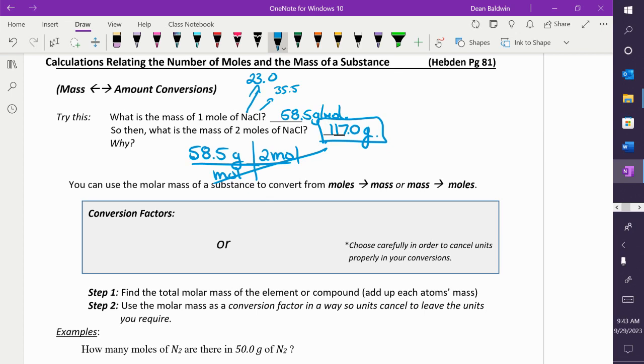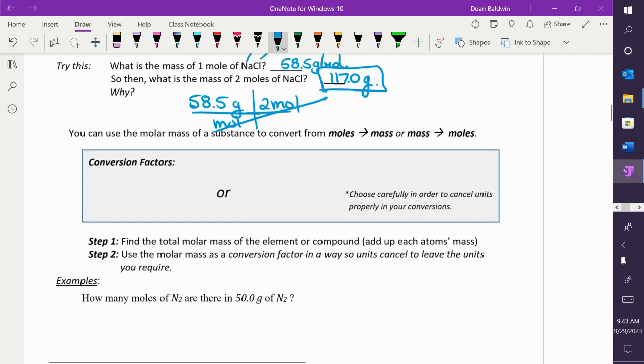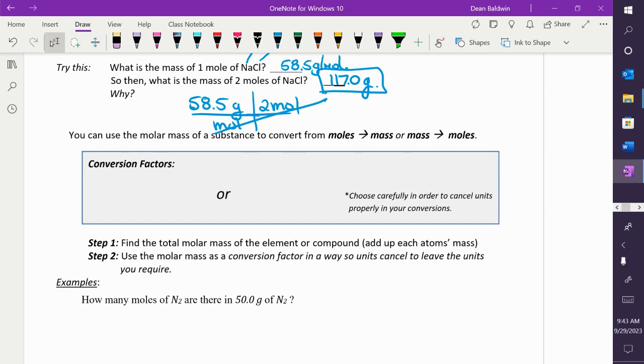So our conversion factors of molar mass are just like it was for Avogadro's number. You can write it as molar mass, I'll put it in brackets, which is grams per mole, or 1 mole is, if I put Mm, are we okay with that for molar mass?